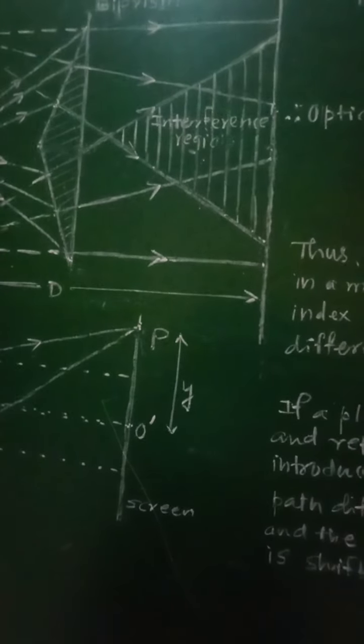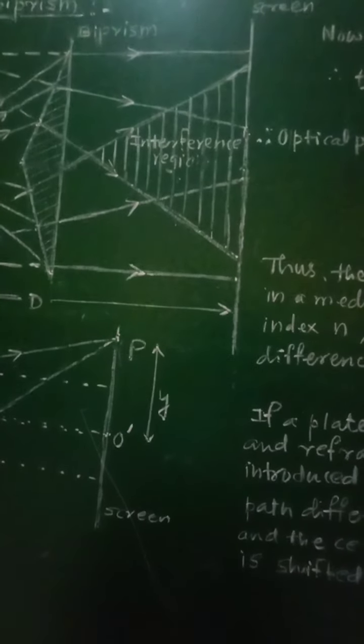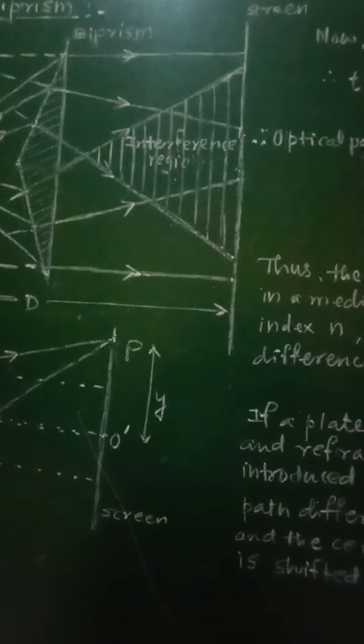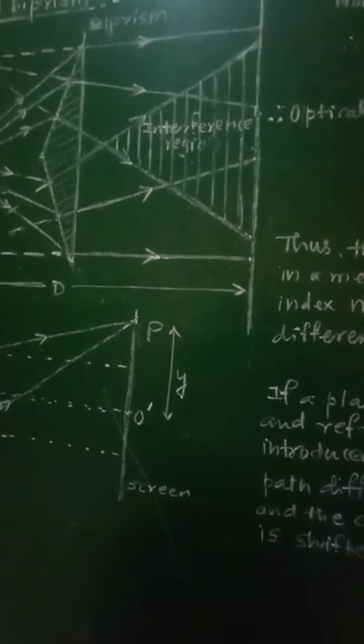Thus, the optical lengths and the phases of the rays reaching the midpoint O dash from S1 and S2 will not be equal.